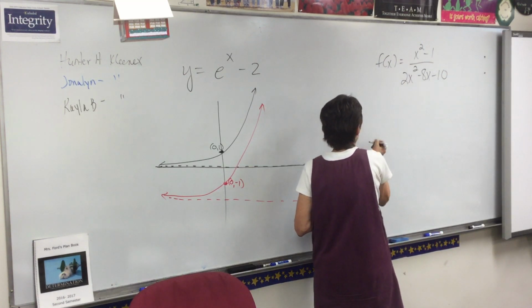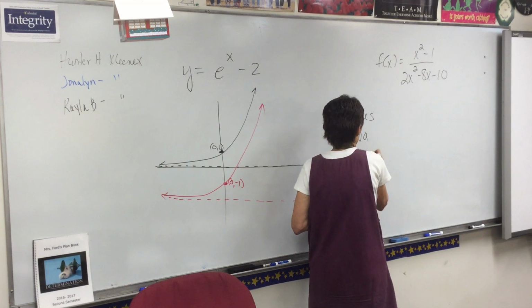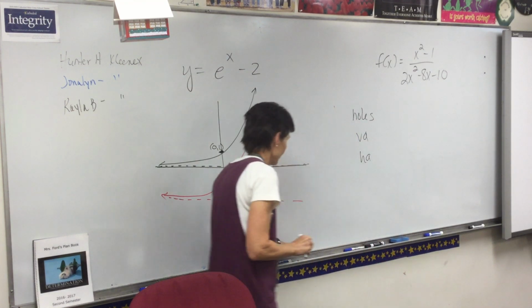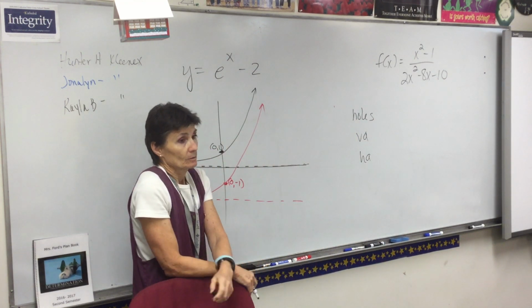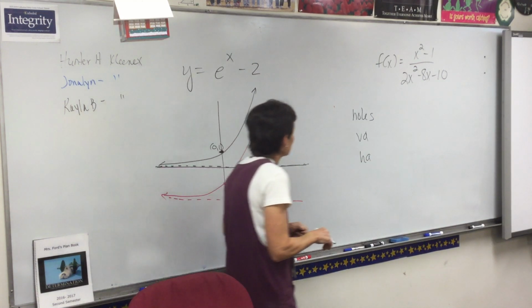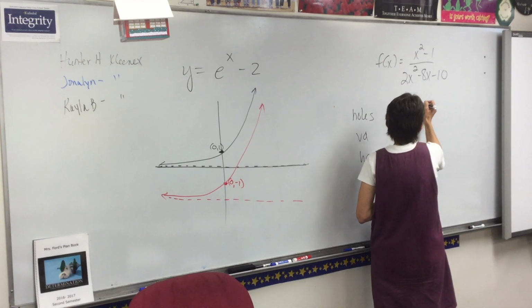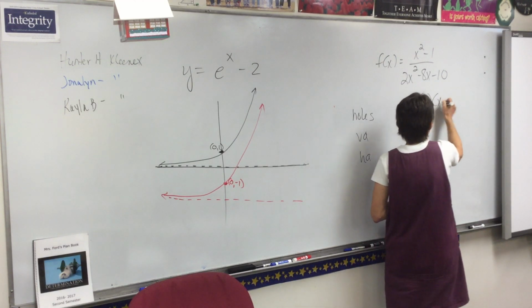Alright, and we have to find the holes and the vertical and the horizontal. Alright? So how do we start? Factor anything that'll factor. So the top factors, x minus 1, x plus 1.